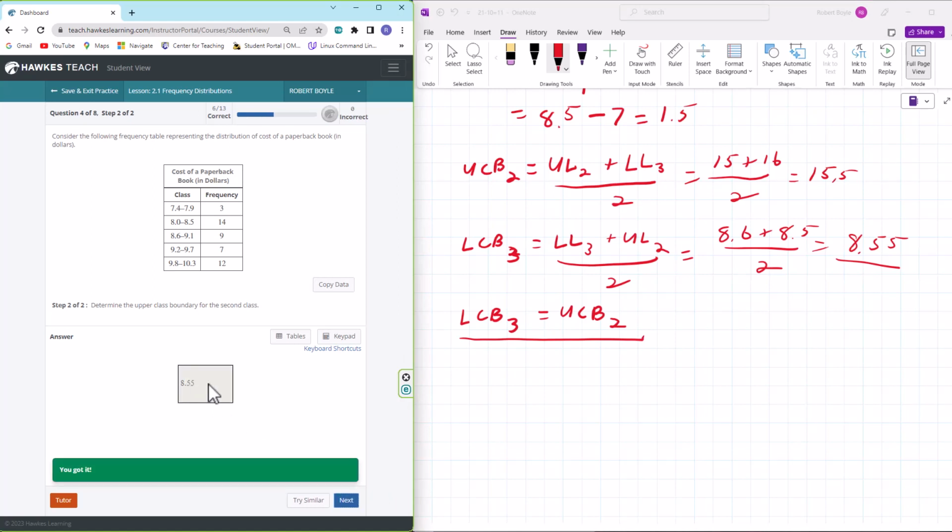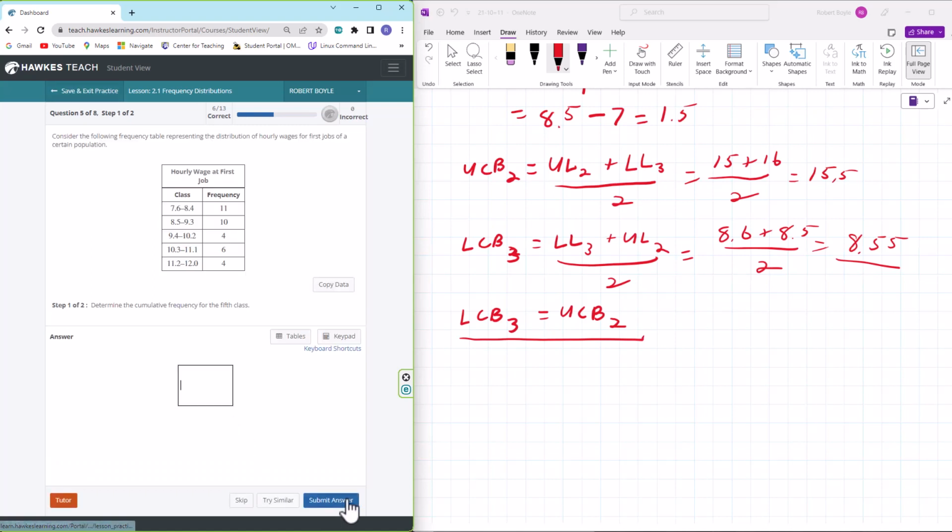Okay, and we are a little less than halfway through. Here, we want to consider the following frequency table representing the distribution of hourly wages for first jobs of a certain population. And here, we want to determine the cumulative frequency of the fifth class. 1, 2, 3, 4, 5.